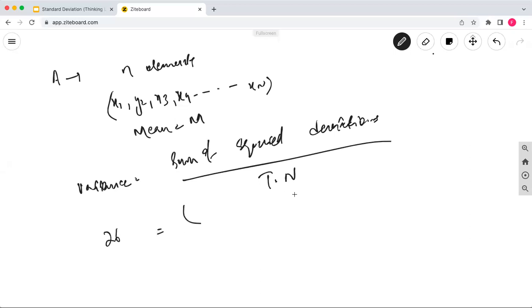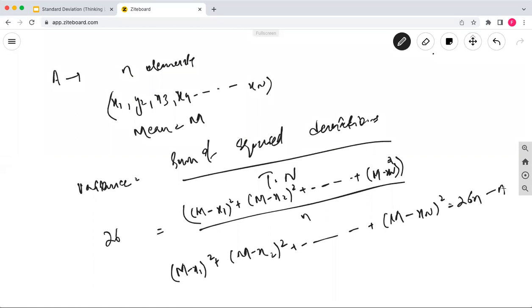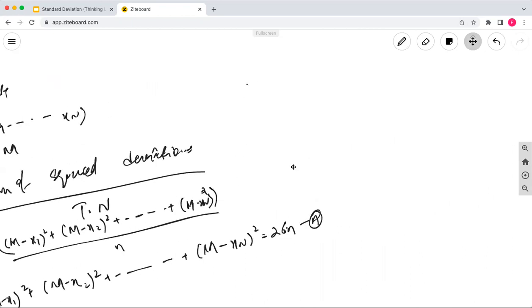So 26 is equal to (m minus x1) whole square plus (m minus x2) whole square plus up to (m minus xn) whole square, divided by n. So this sum will be equal to 26n, right? Till now, is there any confusion? No. This was the first data set.